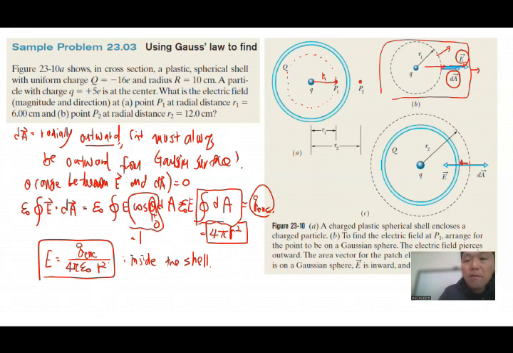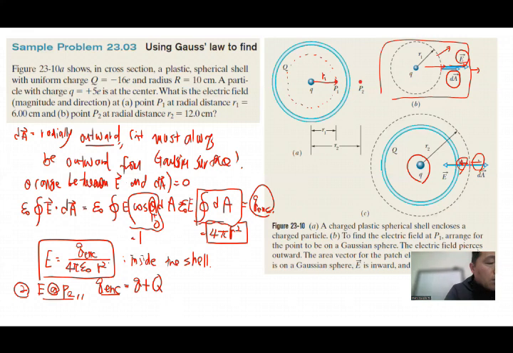The area vector on the Gaussian surface is always outward, so the angle between the electric field and the area vector is 180 degrees. For point 2 outside the shell, the net charge inside this Gaussian sphere includes the point charge q and the shell charge Q, so q plus Q. Small q is 5e and the shell is charged with minus 16e, so the total charge is minus 11e.